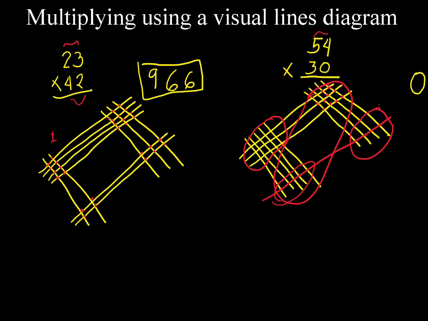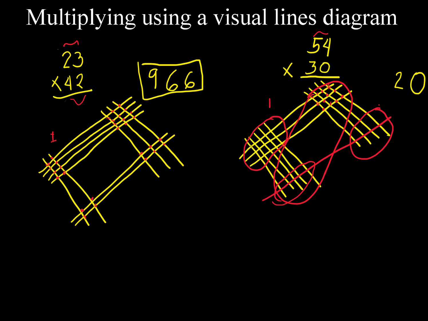So we're going to write down our 2, and of course, since it is 12, we're just going to carry over our 1 to our hundreds section. So I think we're now ready for our hundreds.